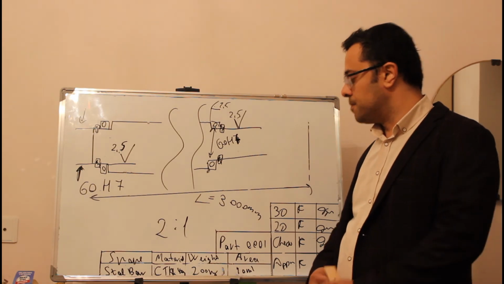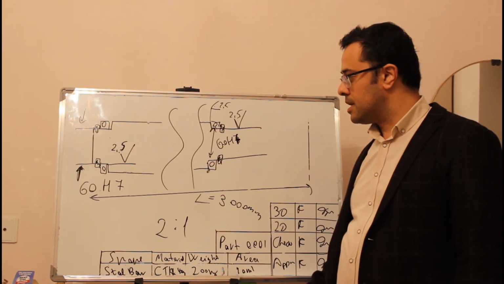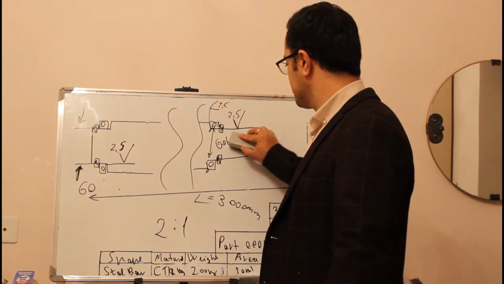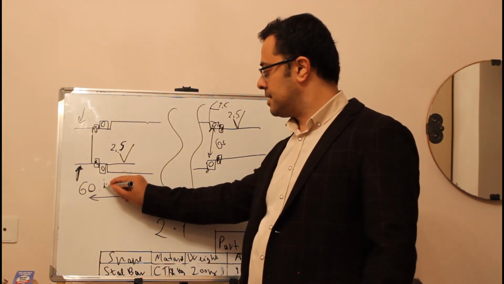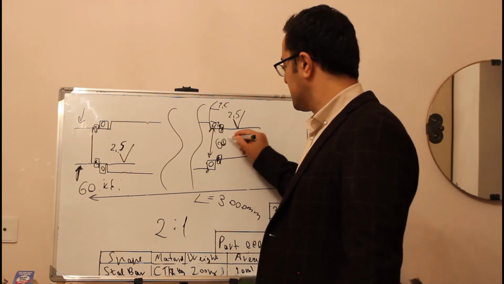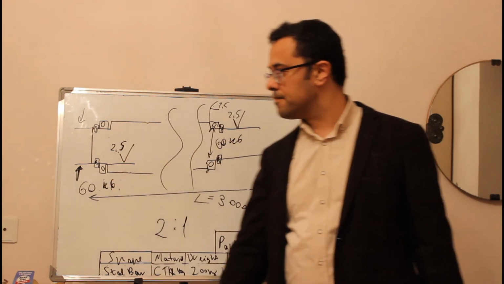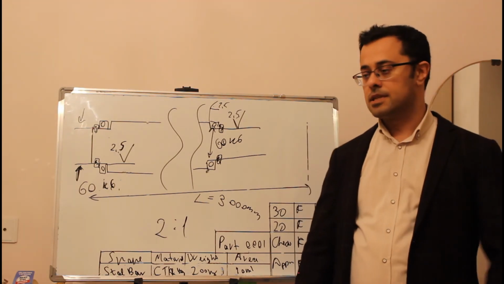Actually, I made a small mistake. It's K6, man, it's not H7, sorry. It's K6. Small K6. It's internal. Because what does K6 mean?